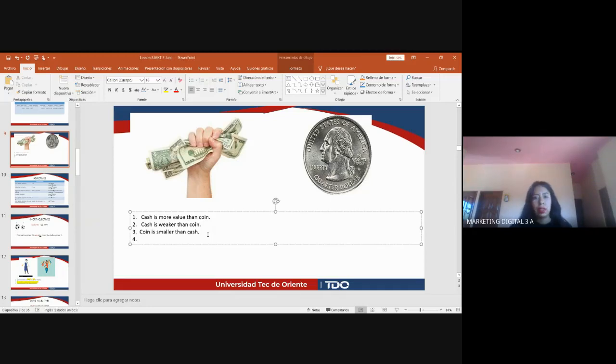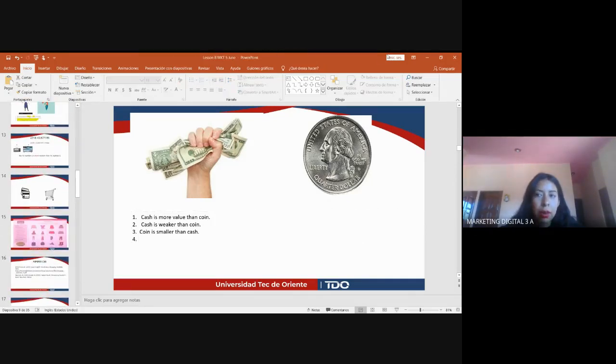What can you say about this? Mal, let me check. Cash, we have this sentence. Yeah, it was the first one. Like cash is more valuable than coin. Well, anyway, let's continue.